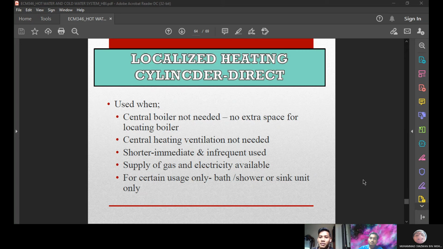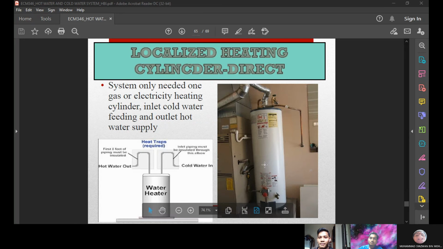Next, for certain usage only, for a bath or shower or sink unit only. The system only needs one gas or electric heating cylinder, inlet cold water feeding, and outlet hot water supply.